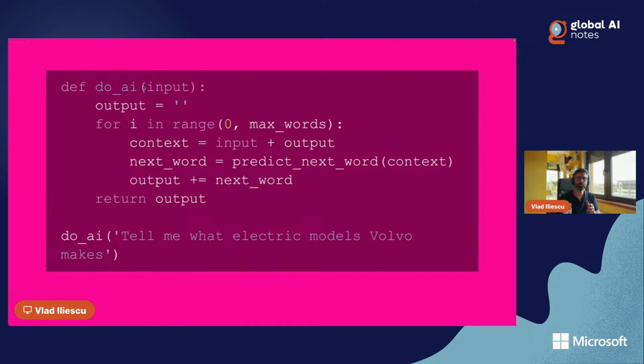How many tokens, which are bits of words, can I send the model before getting a response? But knowing what we know now, that a model just predicts the next word and the next word and so on, that doesn't really make sense, right? So context is not just the input, but also the output.